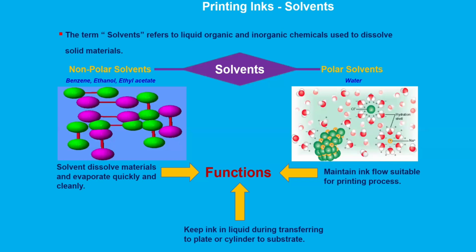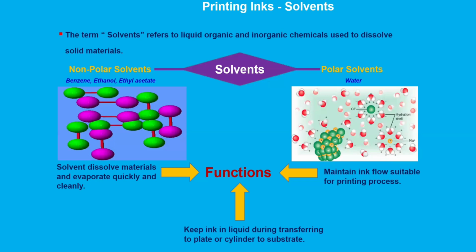If you do not add solvents inside the inks, you cannot dissolve the materials. Then you cannot maintain the ink flow according to your printing process. And then you cannot transfer the inks from the ink pan to any rolls, or from rolls to plate, or plate to your substrate. So solvents are very important.